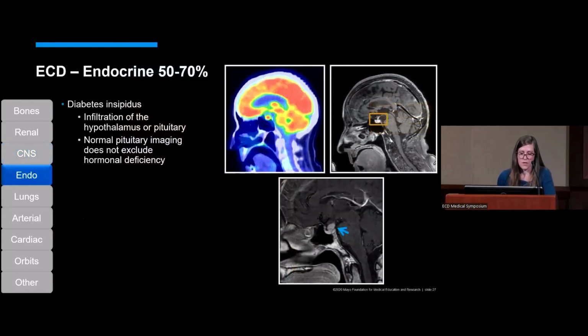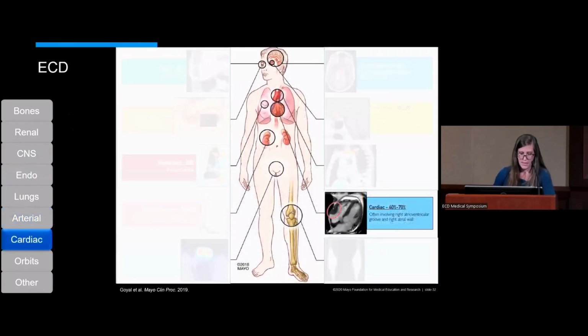And then, along with the nervous system, as we talked about earlier today, diabetes insipidus is pretty common, where you get involvement of the pituitary gland. You can get infiltration of the hypothalamus and pituitary, and you get the loss of the normal posterior T2 bright spot. And normal pituitary imaging doesn't exclude a hormonal deficiency.